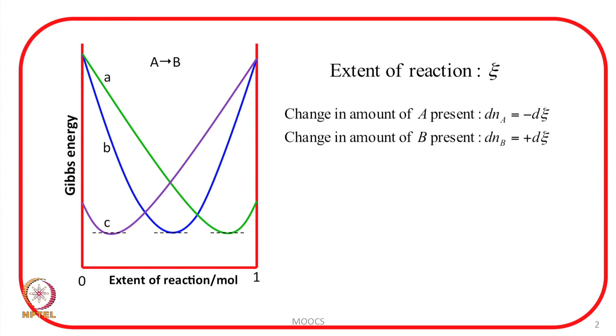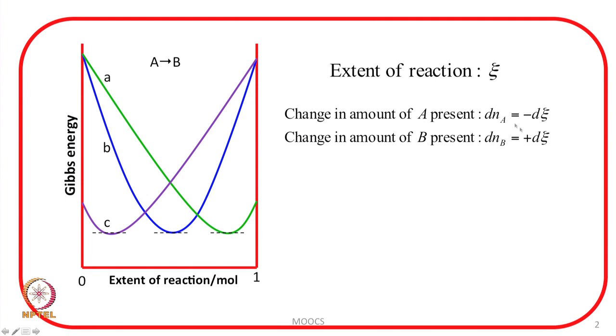Let us discuss further. Now, let the reaction A to B start. Let the reaction proceed by a very small amount. Then the change in amount of A, let us write that as dnA, will be equal to minus d xi.